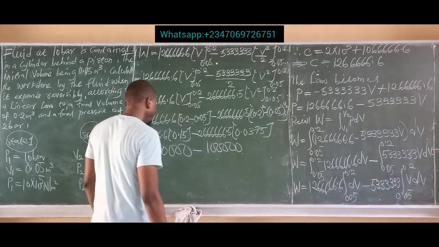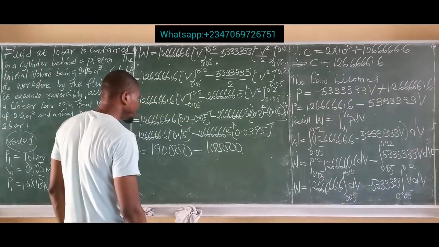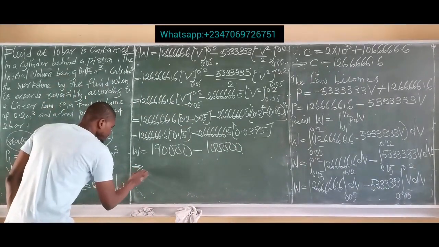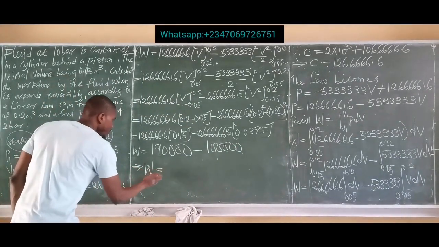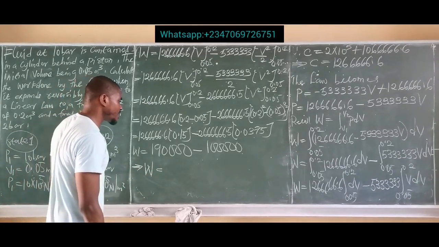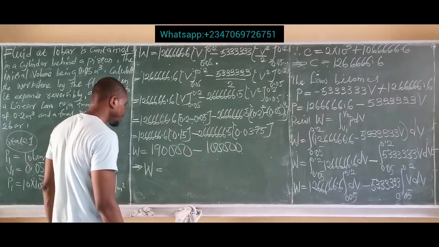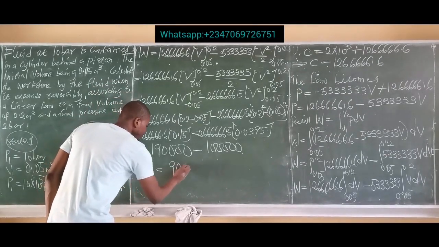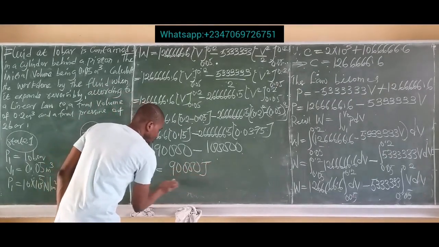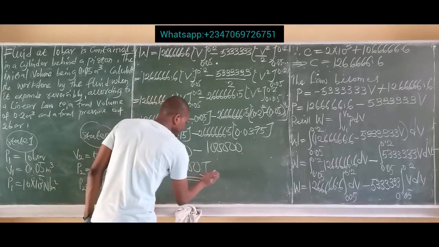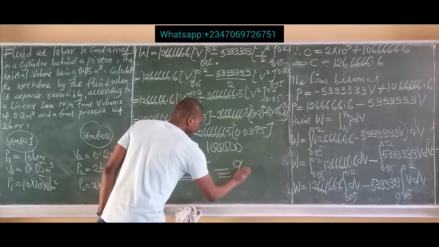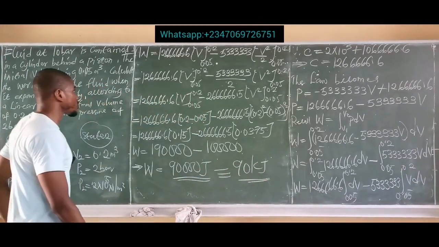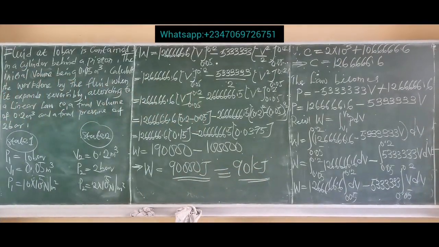That gives us approximately 100,000. Now this implies that work done is equal to 190,000 minus 100,000. That will give us approximately 90,000 joules. So this is the work done, or you can simply also call this 90 kilojoules. All right, so this is the work done for that given question.